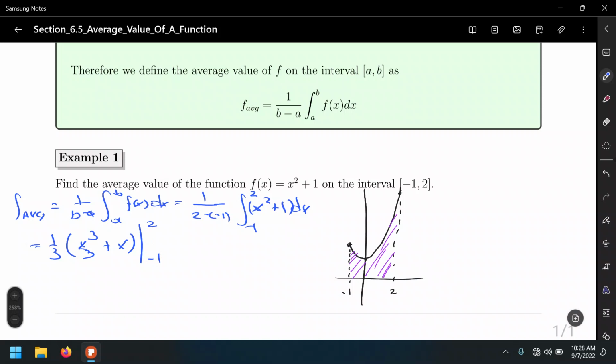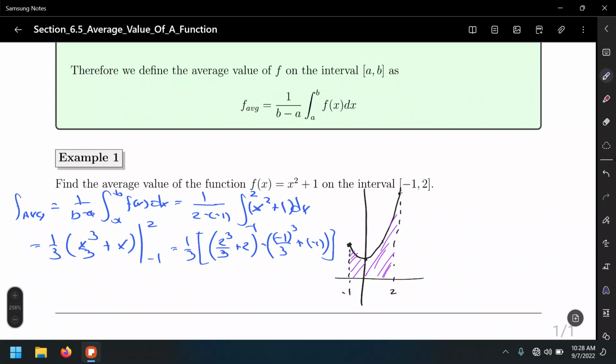So the usual: 1/3 times 2 cubed over 3 plus 2, minus -1 cubed over 3 plus -1, careful with signs here.